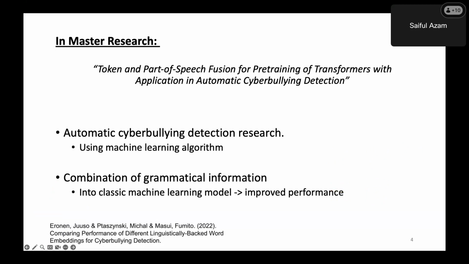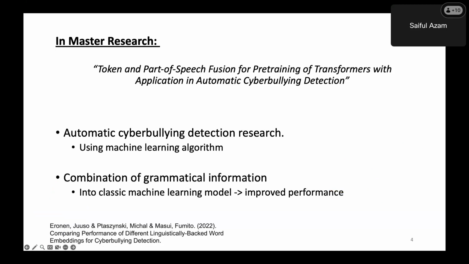While there is numerous cyberbullying research that has been done, it has used machine learning algorithms to detect cyberbullying entries. My lab members used a combination of grammatical information and trained it using a classic machine learning model.